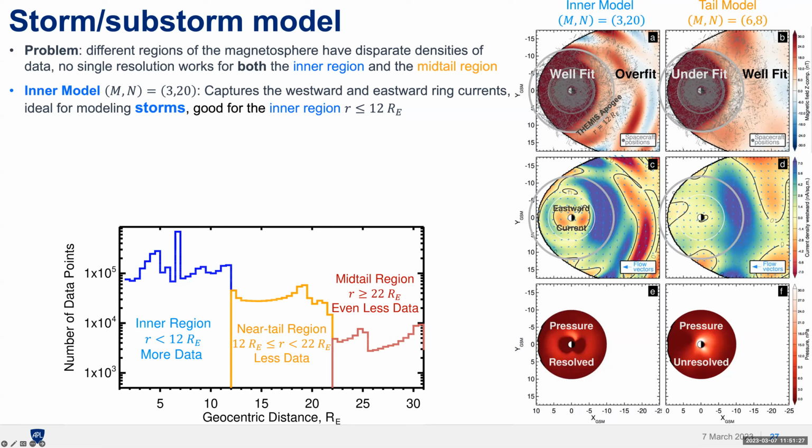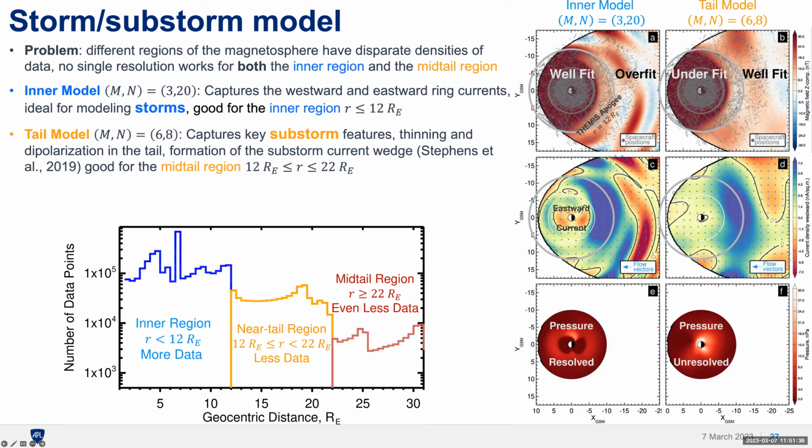So the result of this is that we end up with these different resolutions that resolve the inner magnetosphere and the tail. So the problem is the resolution we fell upon for the inner magnetosphere works well inside the Themis apogee, but it clearly is overfitting to the data in the tail region, because we just don't have as much data out there.